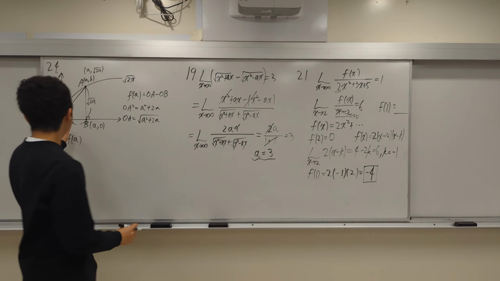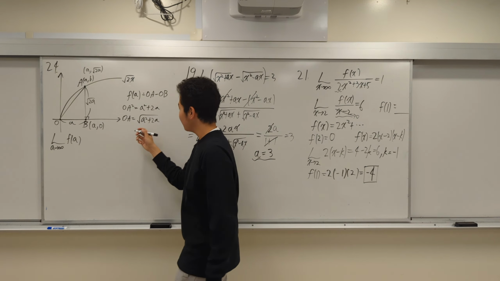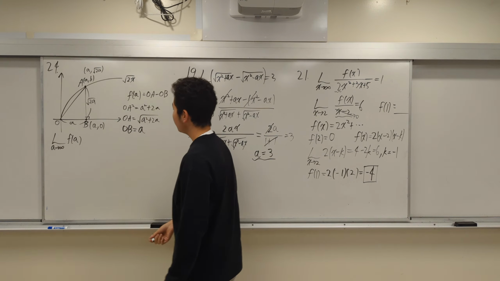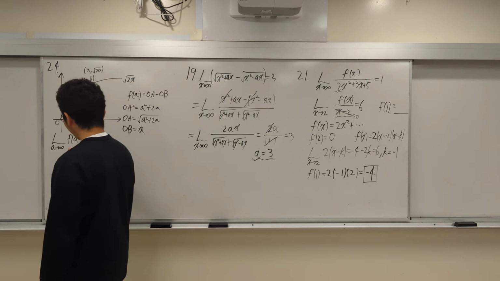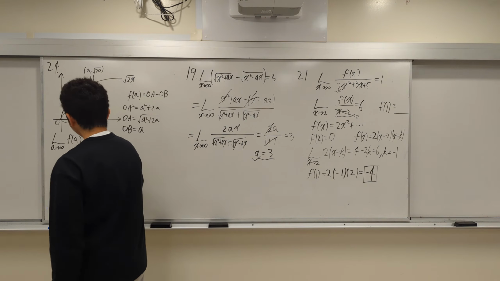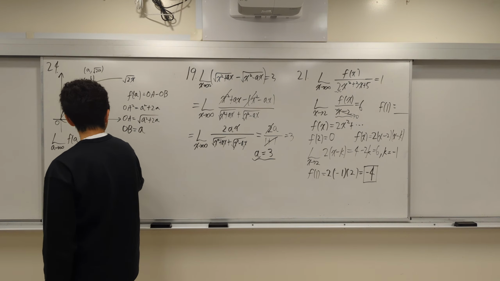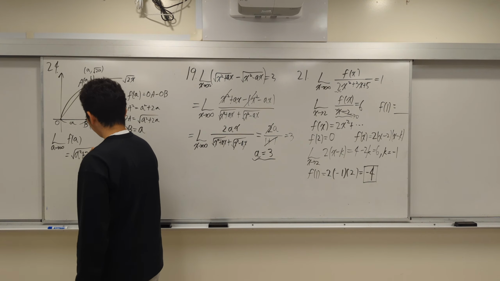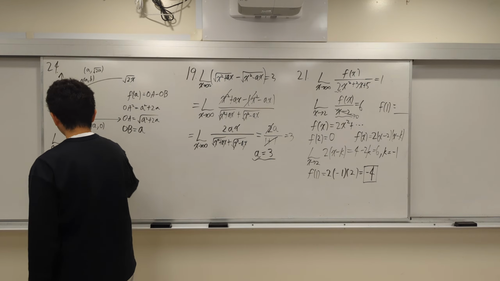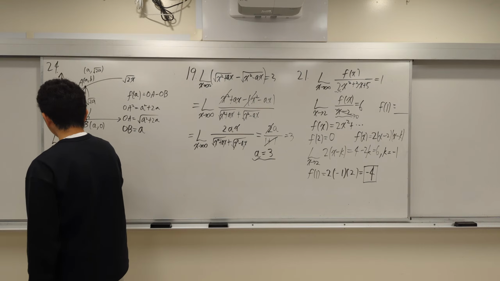And then how about OB? OB is just what? It's more simple. OB is just a. Therefore, we can write our limit out as the square root of a squared plus 2a, minus a, as a goes to infinity.